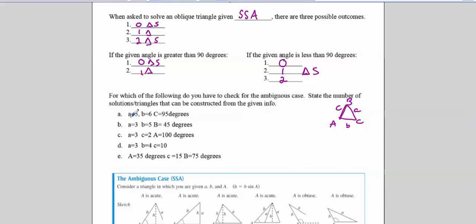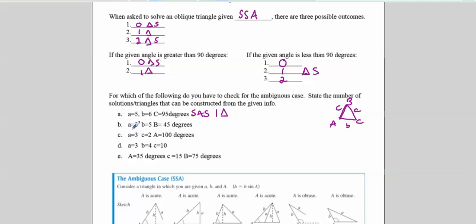So if I'm given little a, little b, and big C, then this is a side, angle, side. Now we haven't had any examples of side, angle, side yet in our law of sines notes because it turns out law of sines actually is not useful in solving this kind of triangle. But we do know from geometry class that if you're given side, angle, side, there's only one possible triangle.